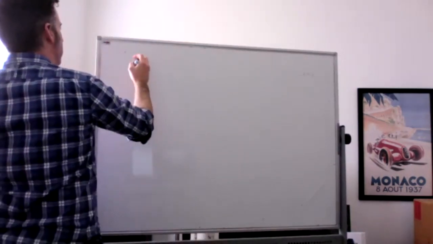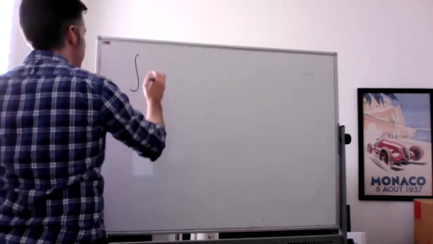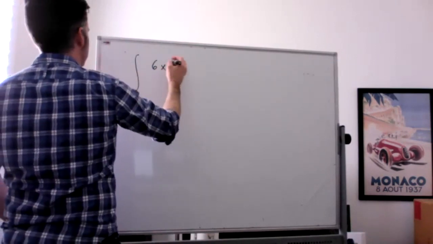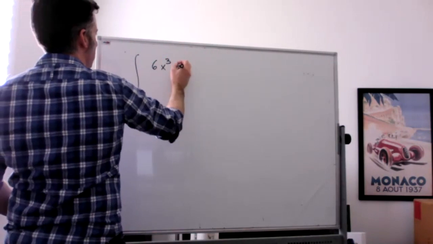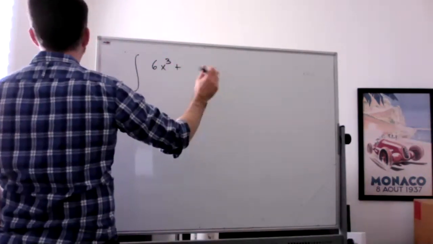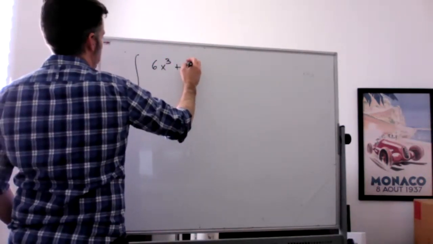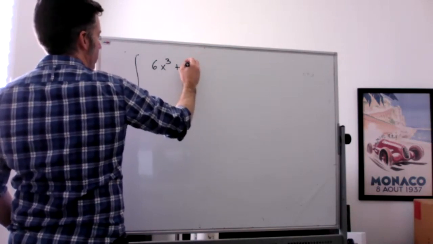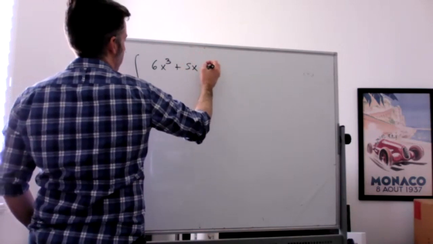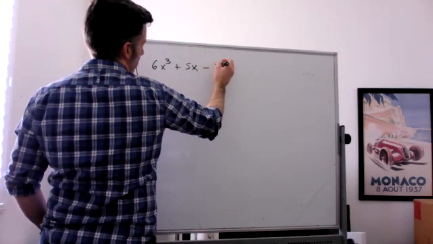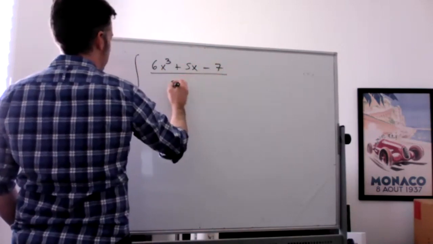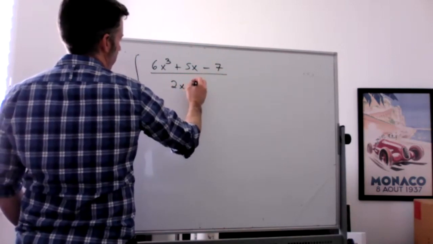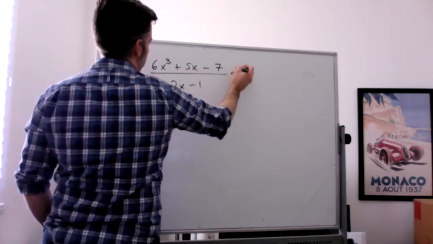Let's say we have the integral of 6x cubed plus 5x minus 7 over 2x minus 1.